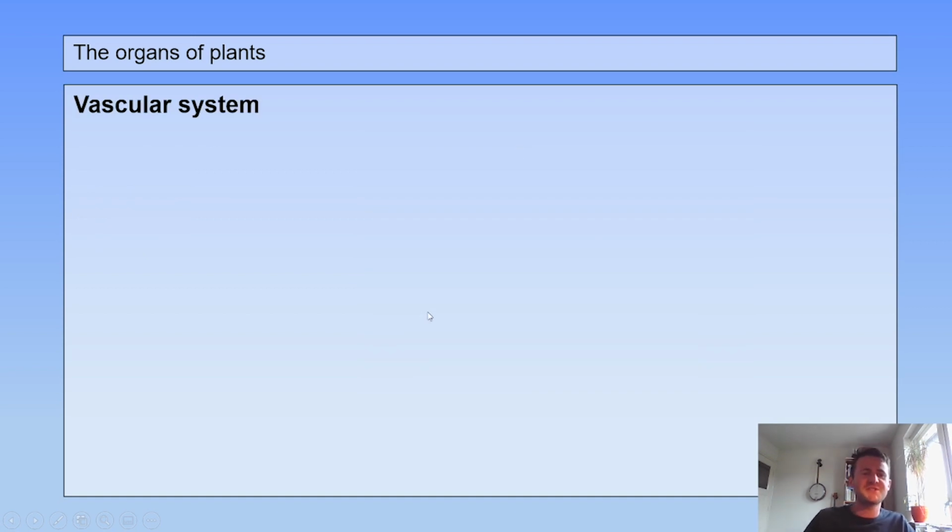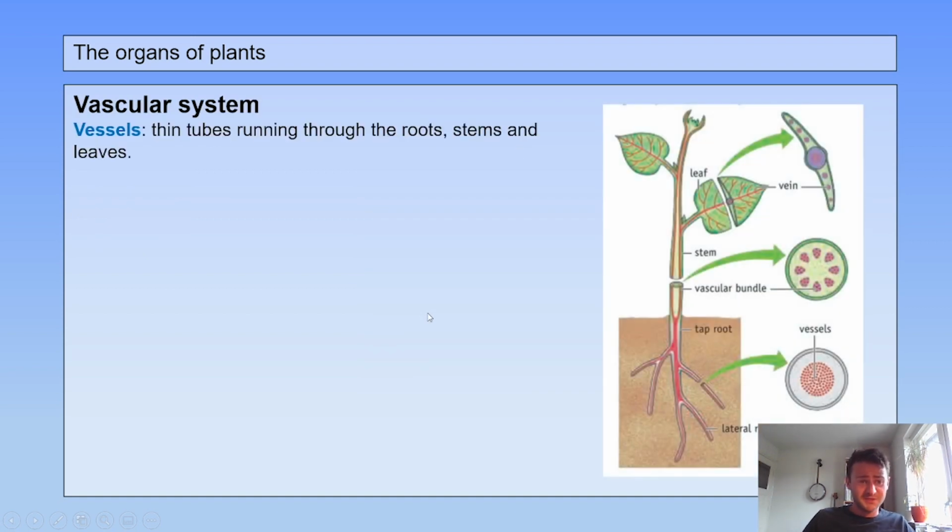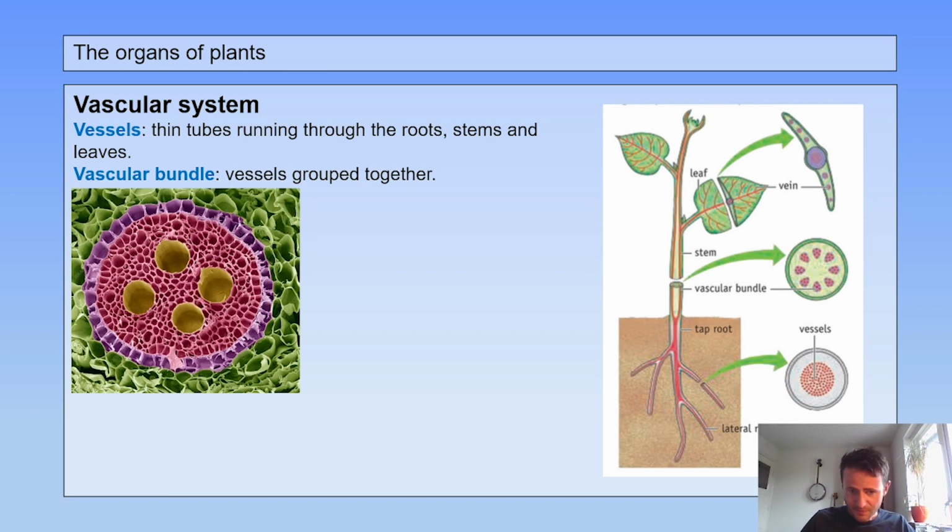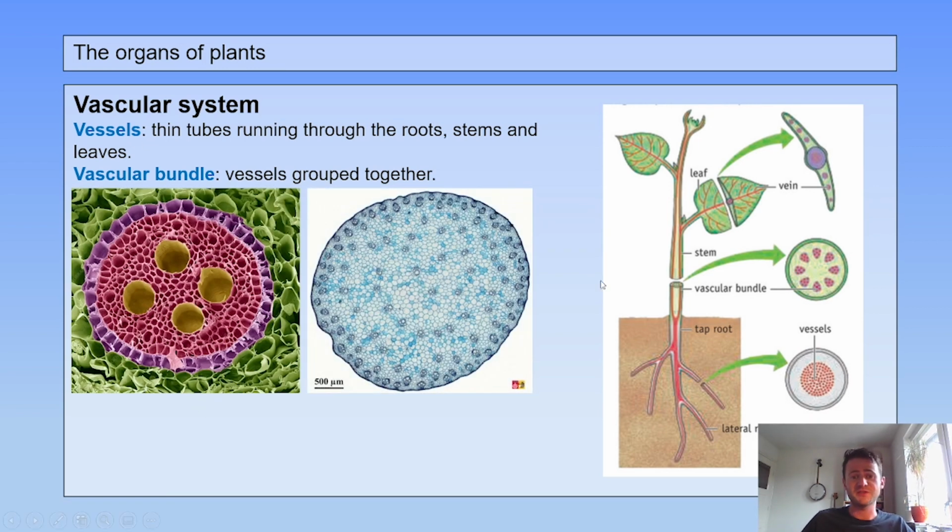Then the vascular system. The vascular system contains the vessels, and these are thin tubes running through the roots, stems and leaves. And often these vessels are grouped together and then you call them a vascular bundle. And here are two examples of vascular bundles.